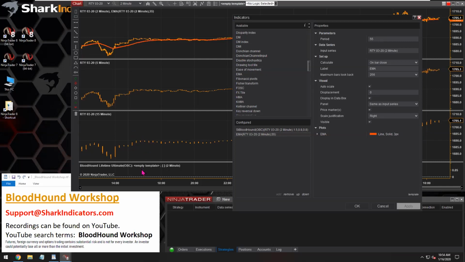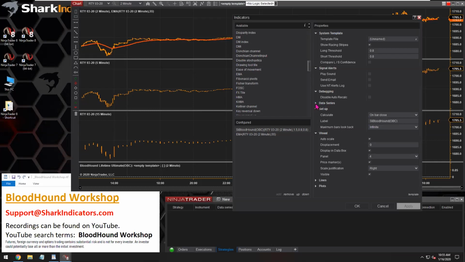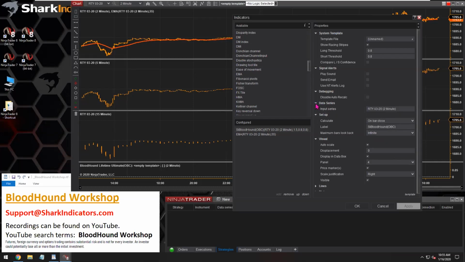So with BloodHound, it's the same thing. When I put BloodHound on here, it's only gonna operate based on one of these time frames. And the way you determine which time frame it's going to operate on is you go to the input series, right? You see the data series section right here, right?